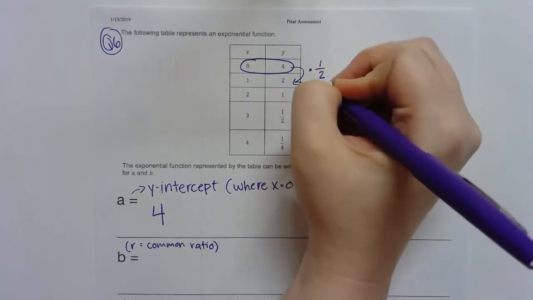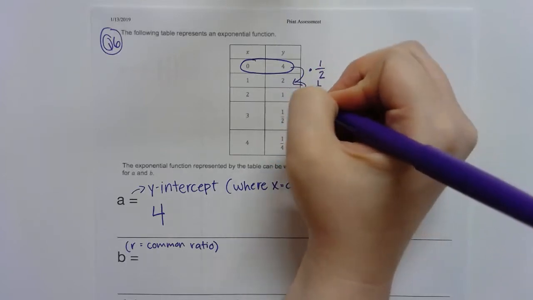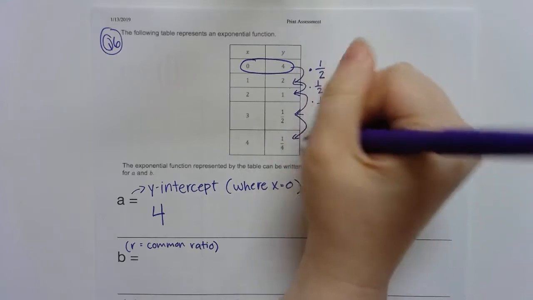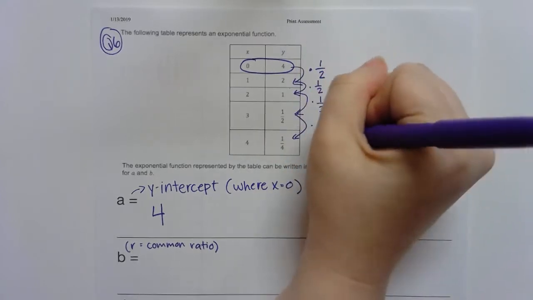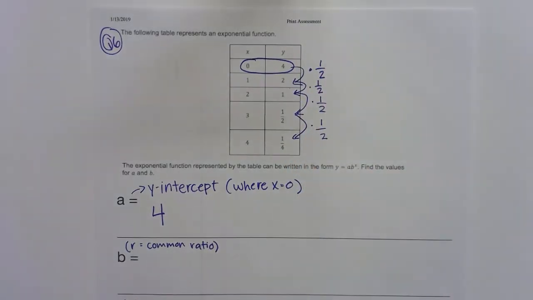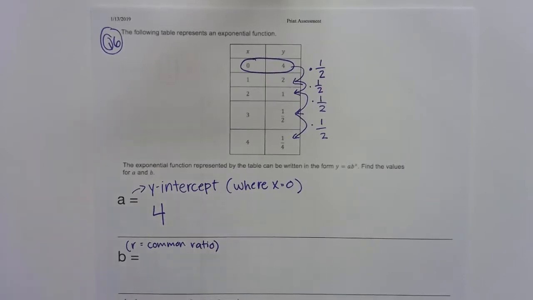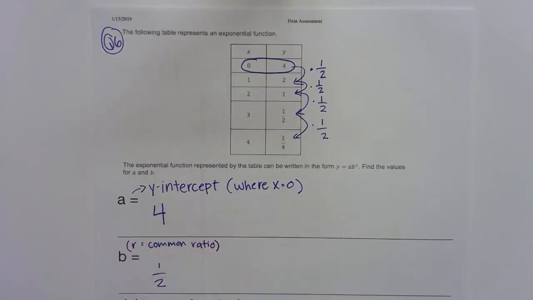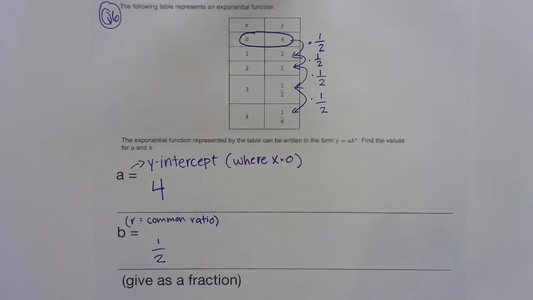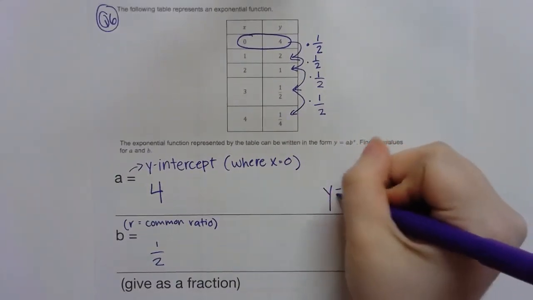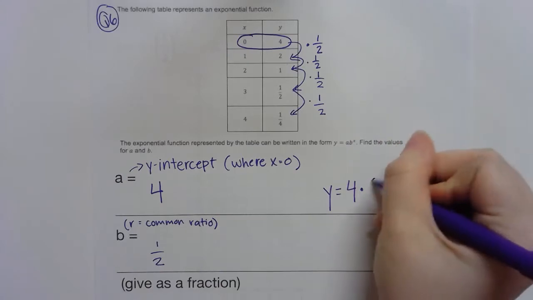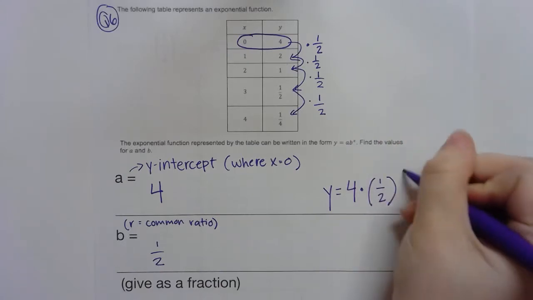From 2 to 1, times 1/2; 1 to 1/2, times 1/2; 1/2 to 1/4, times 1/2. So every time I'm multiplying by 1/2. It doesn't ask you to do this, but if it did ask you to write this function, that would be y equals 4 times 1/2 to the x.